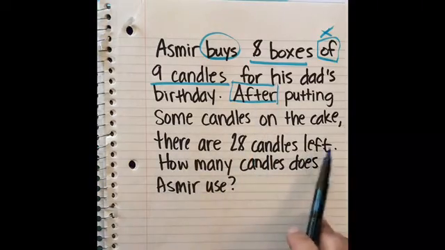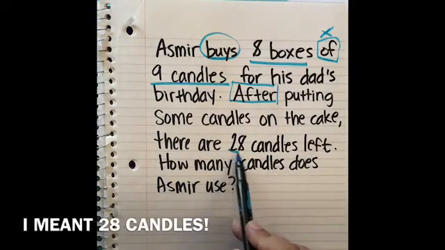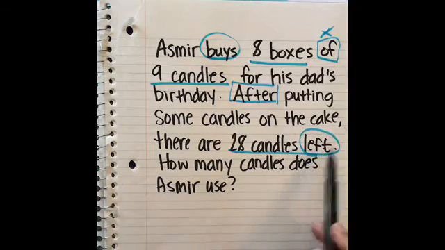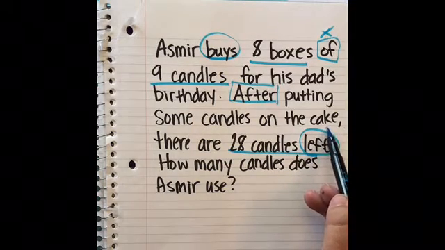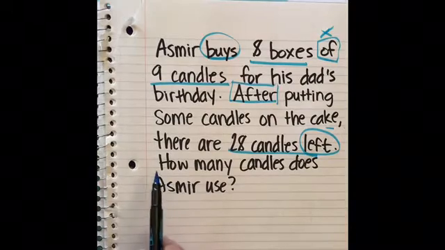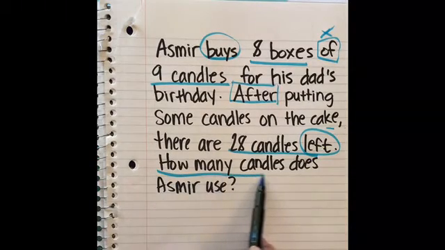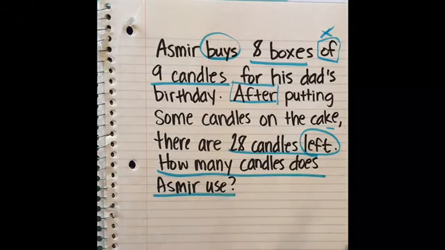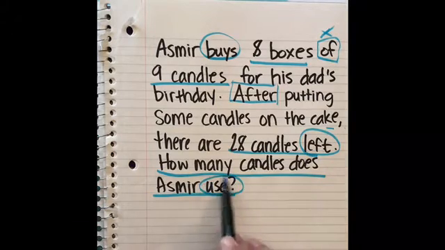After putting some candles on the cake, there are 28 candles left. Left. That means that it's probably going to be something like a subtraction problem. How many candles does Asmir use? So now I see, this is my unknown. So how many does he use?